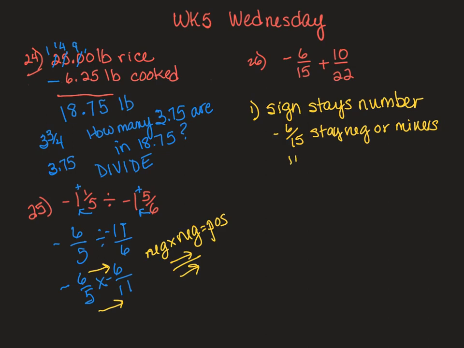The 10/22 has to stay positive, or plus. So that would actually eliminate right away two of those choices. You need to look through and see in what case did the negative 6/5 stay either negative or minus, and the 10/22 stay either positive or adding.